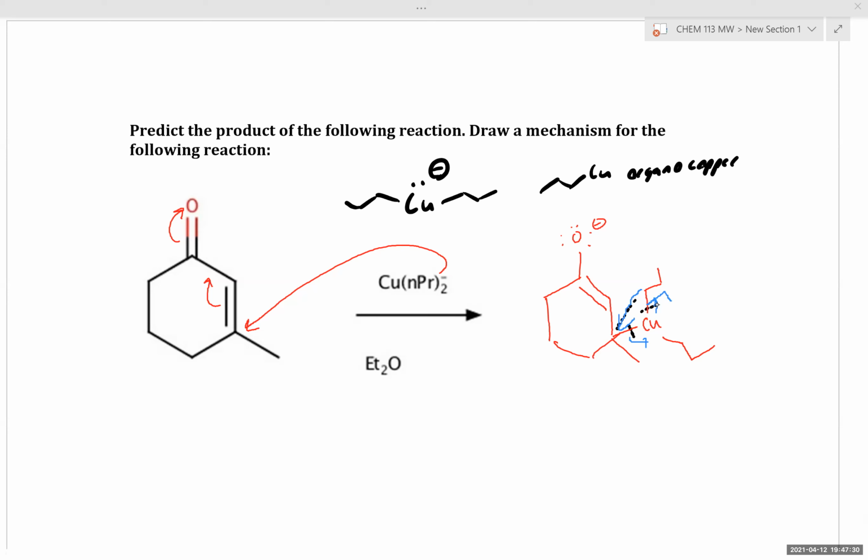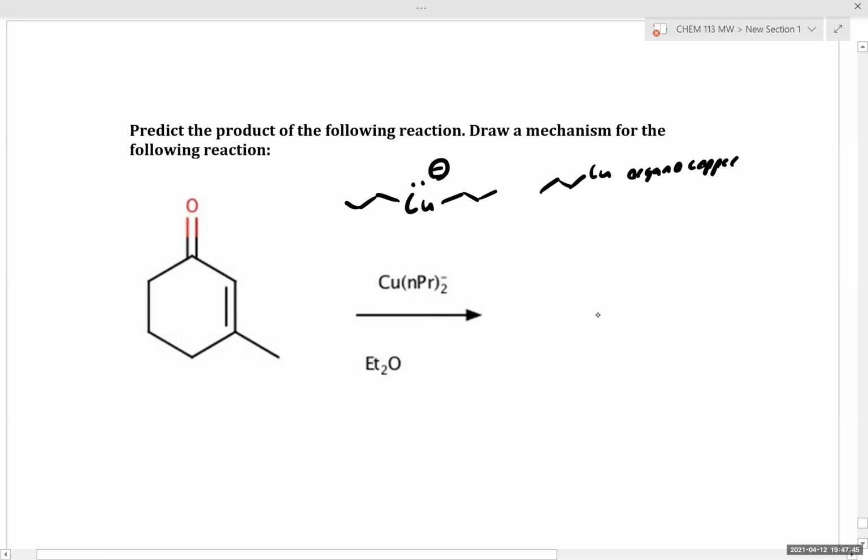Yep, very close. So in this case, we would draw it out. So let's redraw this mechanism momentarily, and we'll talk about the reductive elimination step.